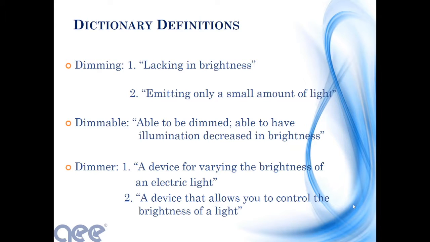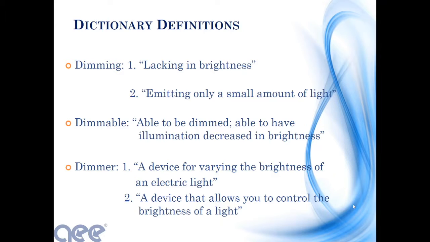We can start with some dictionary definitions. When you look up dimming in the dictionary, what you find is something not very helpful, lacking in brightness. Another definition I found was emitting only a small amount of light.